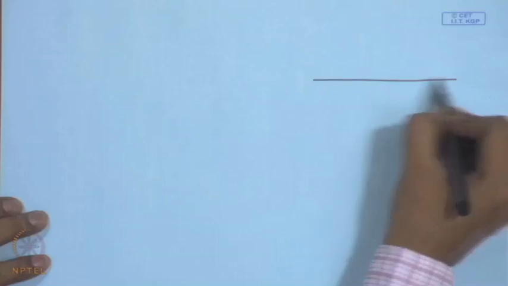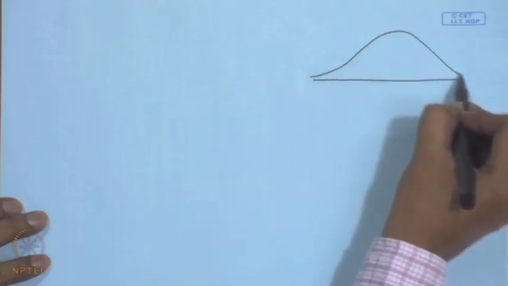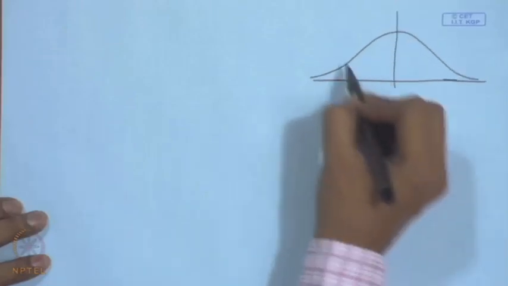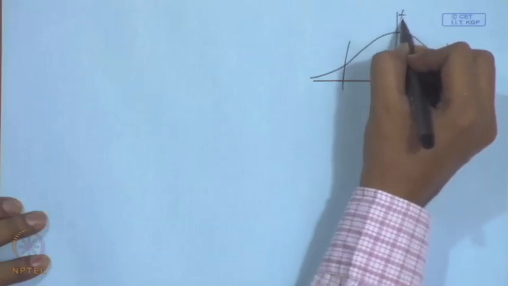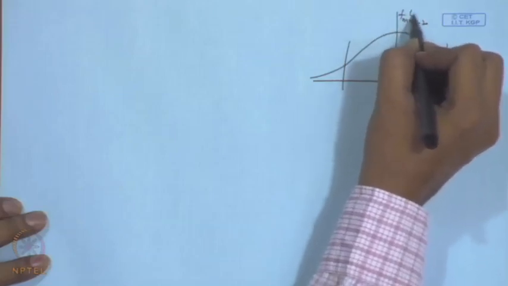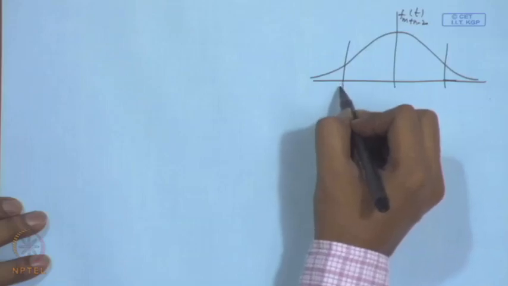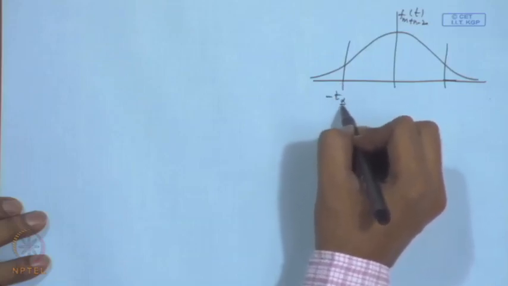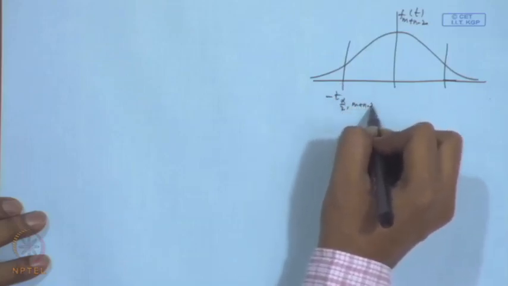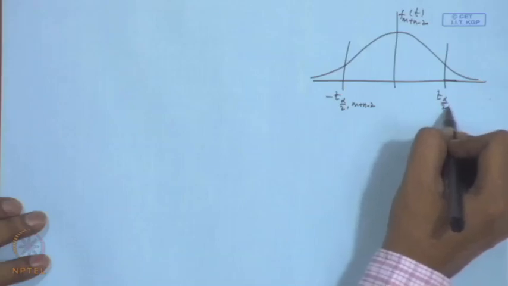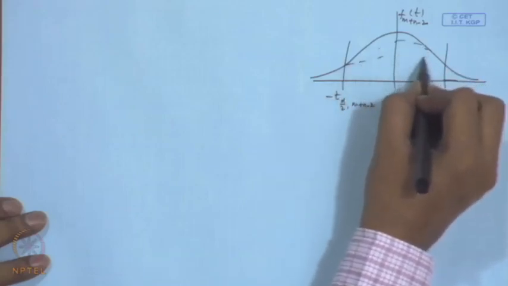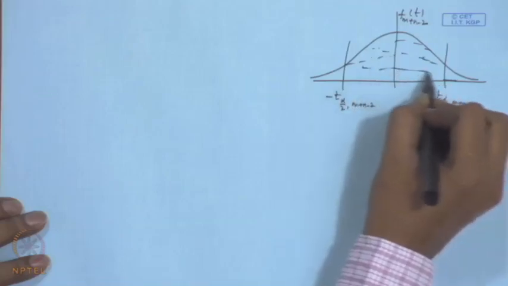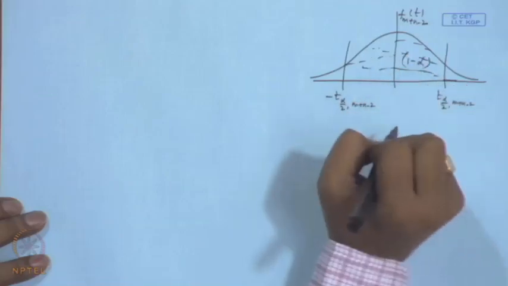So, if we consider here the density function of t distribution on m plus n minus 2 degrees of freedom, and let us take this point as minus t alpha by 2, m plus n minus 2 and this point as t alpha by 2, m plus n minus 2, then this intermediate probability is 1 minus alpha.